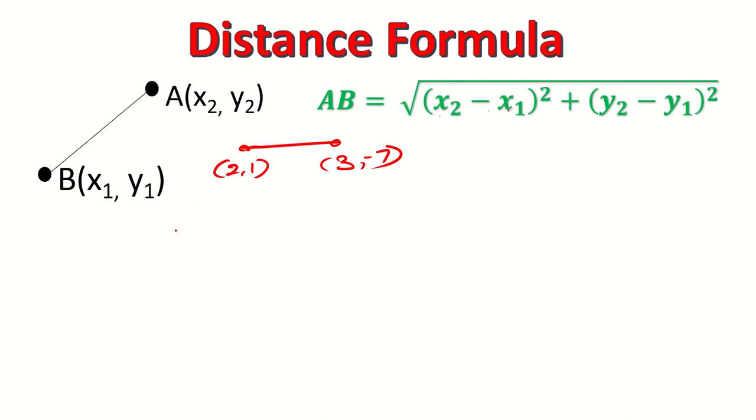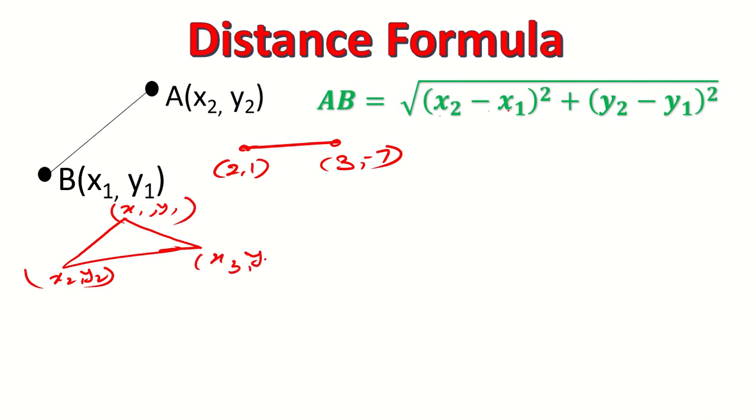Another application is like 3 coordinates will be given to you. Maybe this is (x1, y1), this is (x2, y2), this is (x3, y3). These are the 3 points, and let's name them A, B, C. Now they say if these are the 3 vertices of a triangle, then show that the triangle is equilateral, or isosceles, or scalene, or a right triangle.